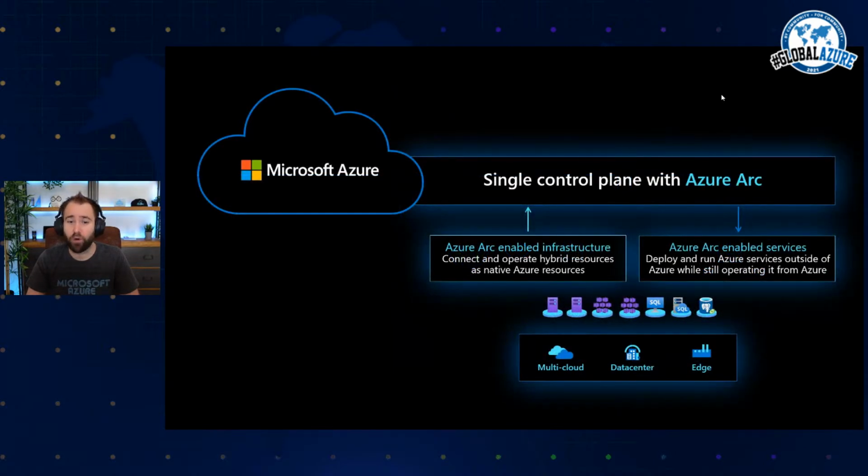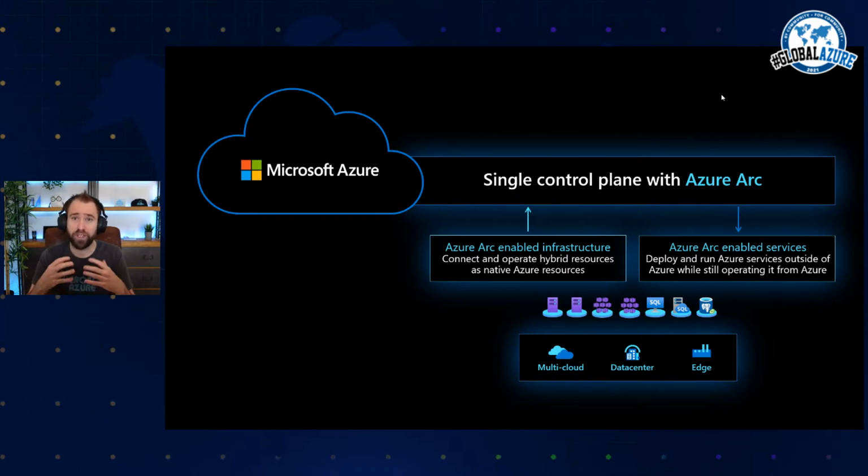So let's speak a little bit more about this control plane, what we have with Azure Arc, right? And so you have Azure, and Azure offers a control plane to manage Azure resources, but Azure Arc really extends this to different cases. So one case is where you probably have existing servers or Kubernetes clusters or SQL servers, for example.